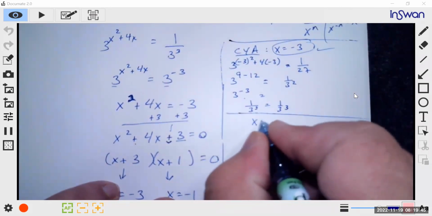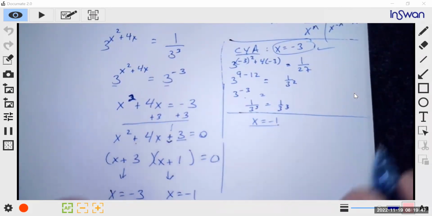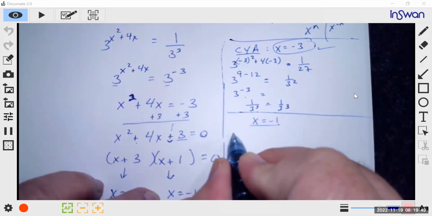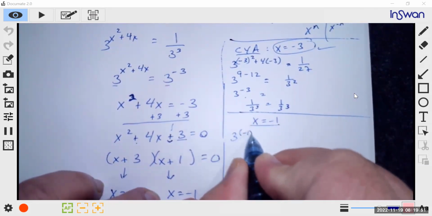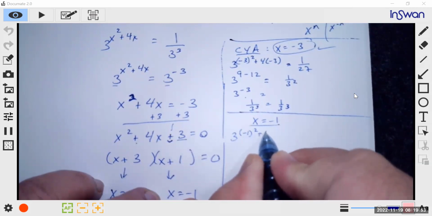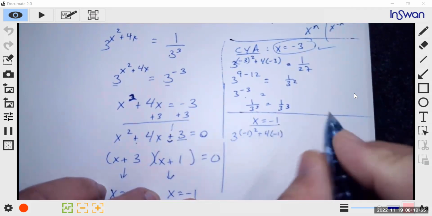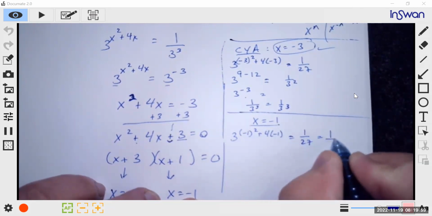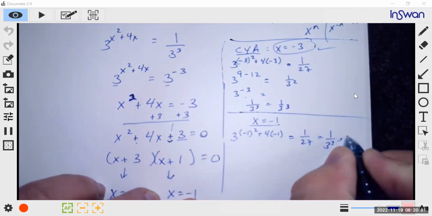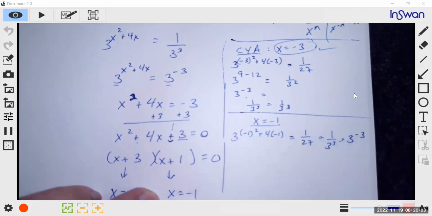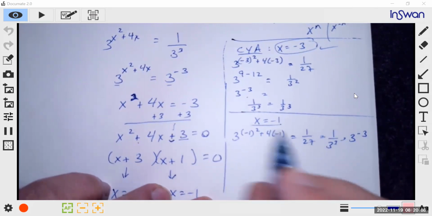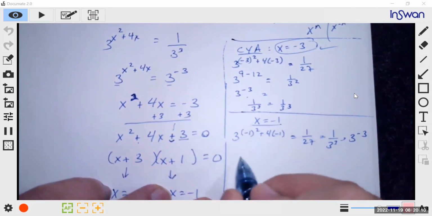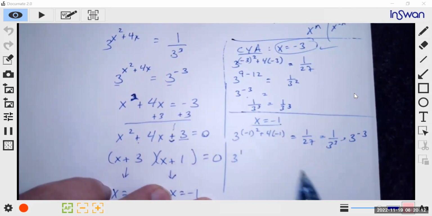Let's try x equals -1. So I put it in the original equation, -1 squared plus 4 times -1 equals 1/27. We know 1/27 is 3 to the power -3. We know that from just working it out. So -1 squared is 1.